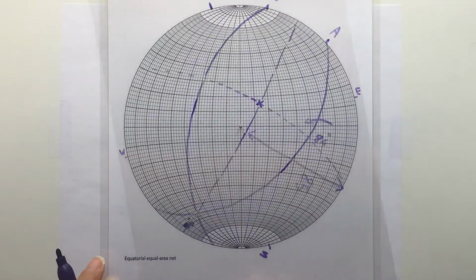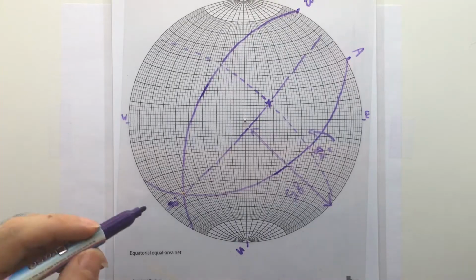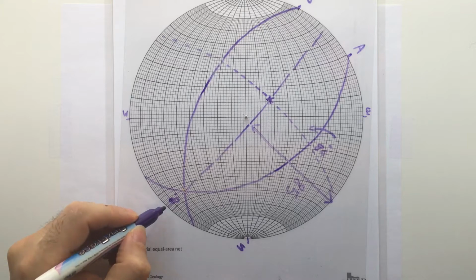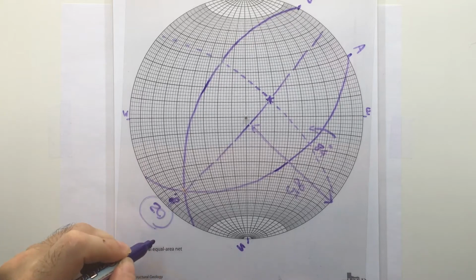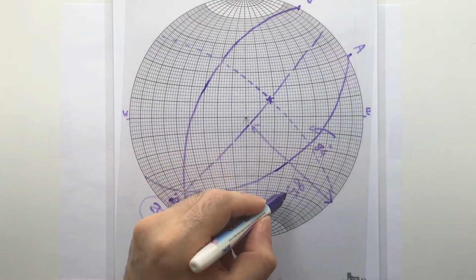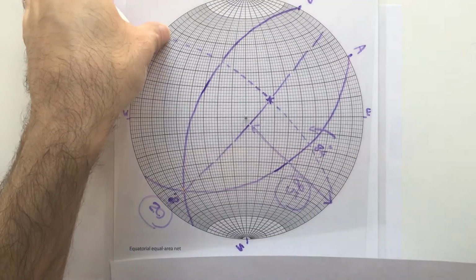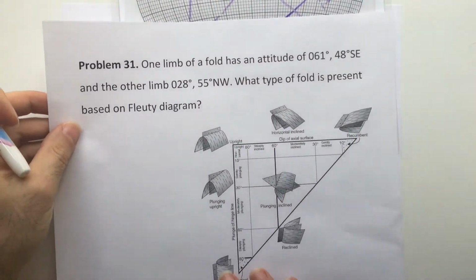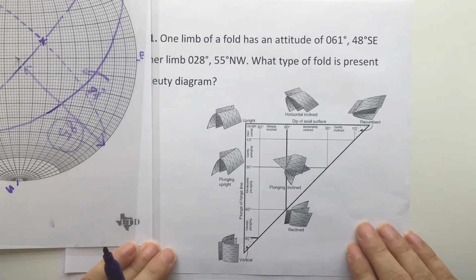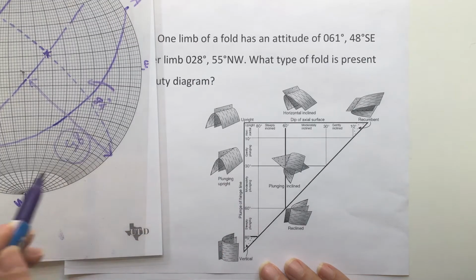So let's go back to the original position. We know the fold axis has a plunge of 20, right? And the axial plane has a dip of 85. Okay, we need these two numbers. So let's bring this one up. As we said, the plunge of the hinge line is 20 degrees.